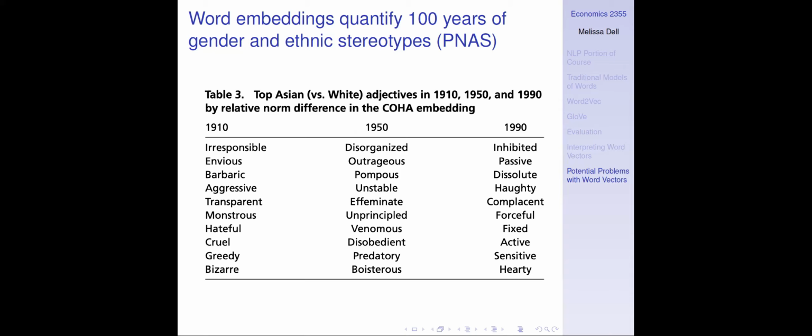Maybe things get a little bit better in 1990. There's still negative stereotypes, by and large: passive, haughty, complacent, forceful. But you can see some shifts in stereotypes that have happened across time.